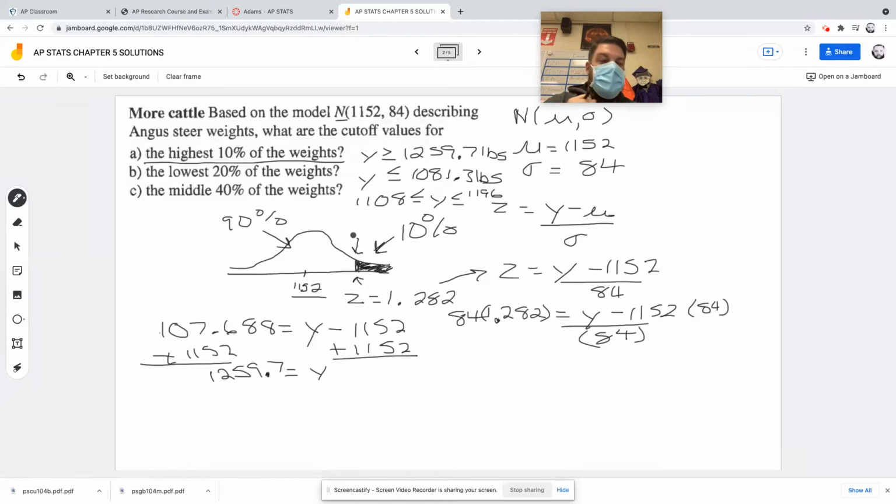I think the trick there is using the tables. The calculator is really nice, and I'll show you the video on that in a second. It's a lot easier to do it on the calculator, but I think we should probably crank through a few of these by hand first, so you get a really good idea of the area under the curve, the boundaries, and all that stuff. Okay?